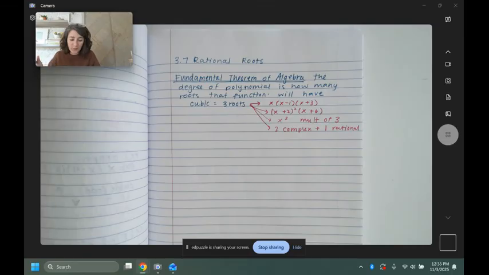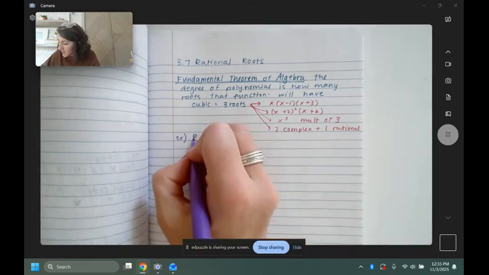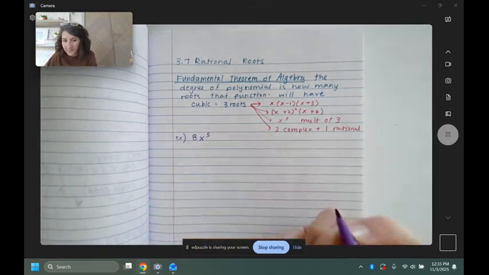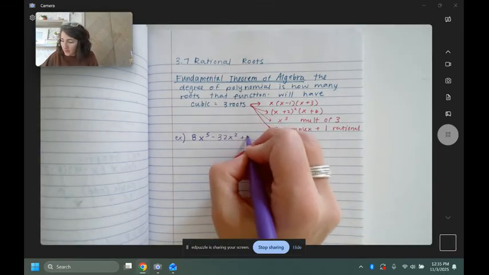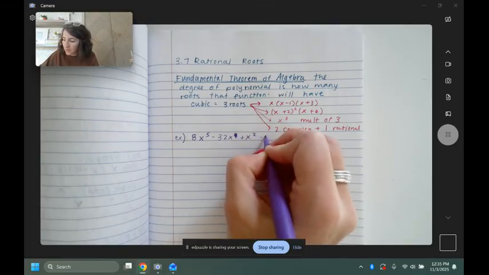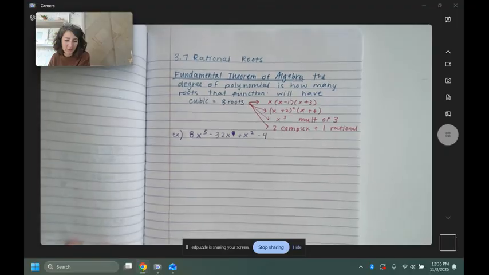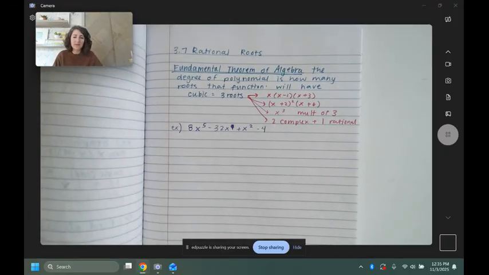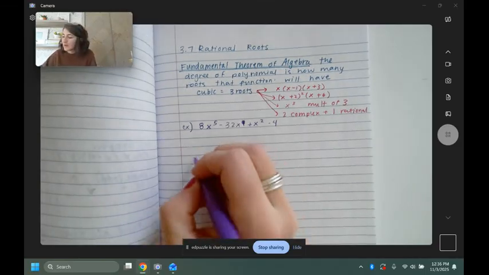All right, so we're going to go for example, a quintic, or degree of 5, 8x to the 5th minus 32x to the 4th plus x squared minus 4. So this graph is going to look kind of like this.